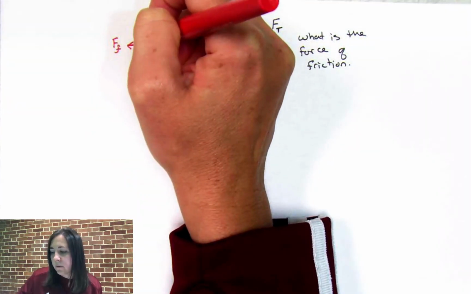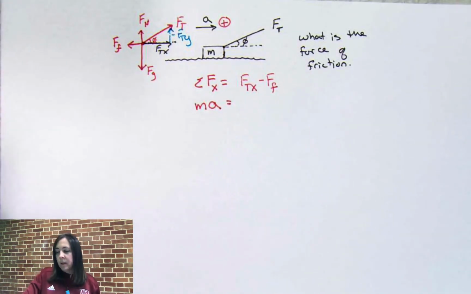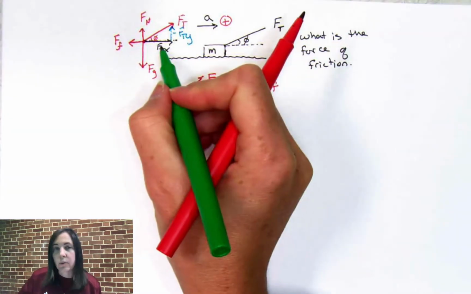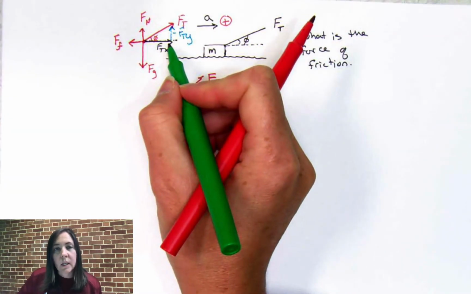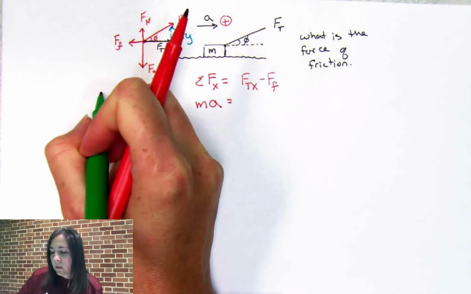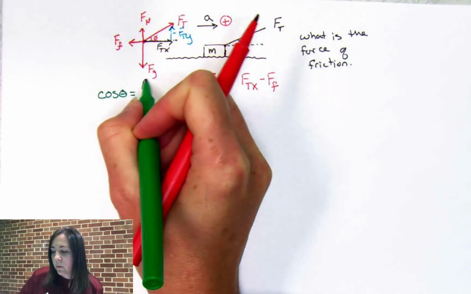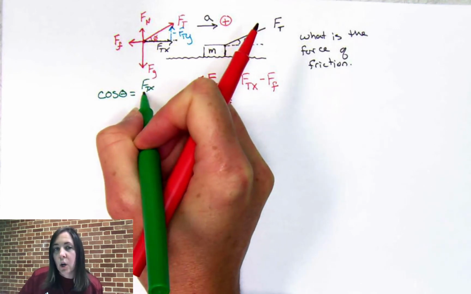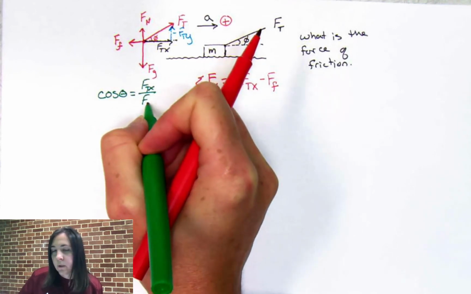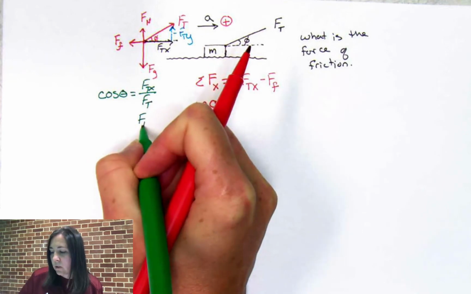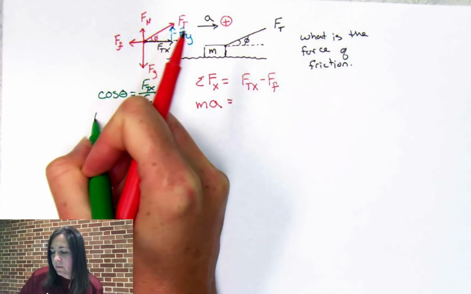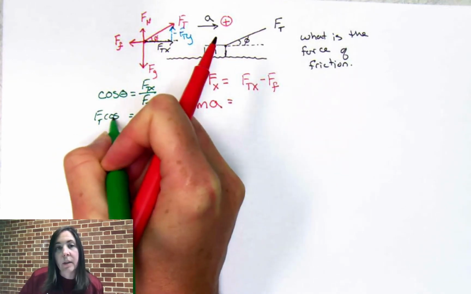If this angle is phi, then the force of tension in the x direction is the adjacent side. So if I take the cosine of phi, that is the adjacent force of tension in the x direction over my hypotenuse, the force of tension, meaning that the force of tension in the x direction is just going to be Ft cosine phi.